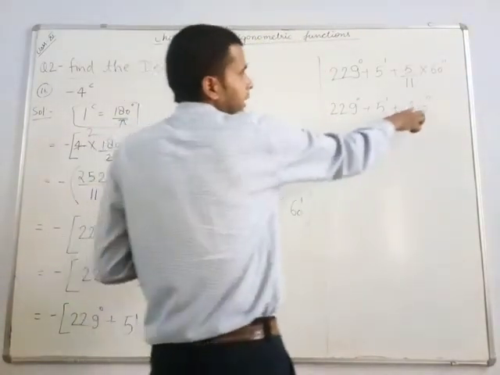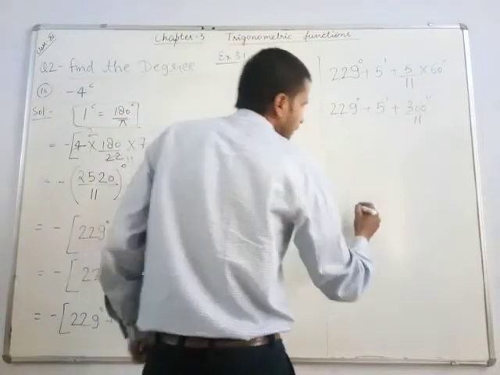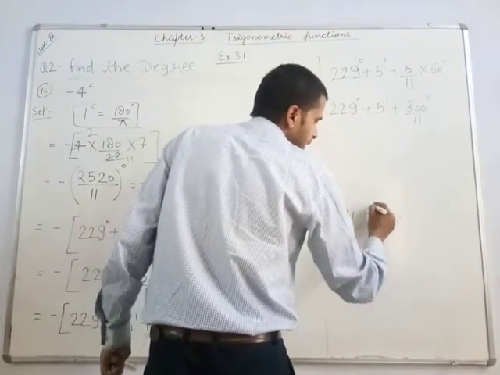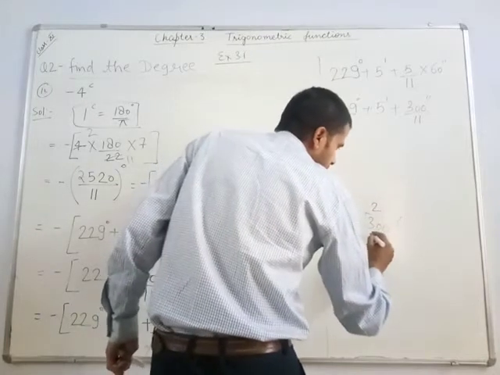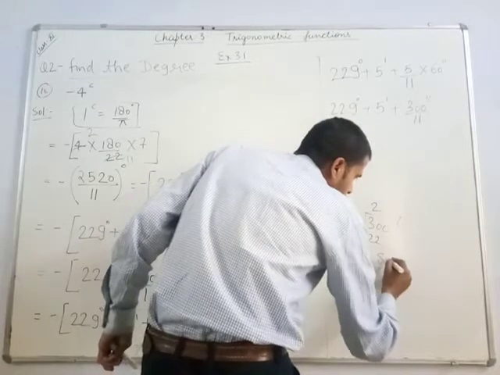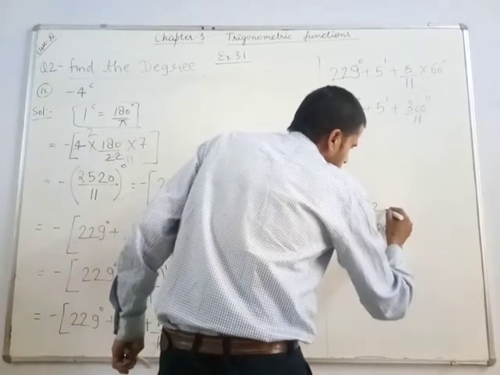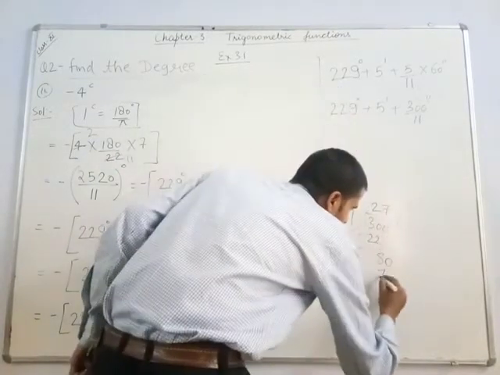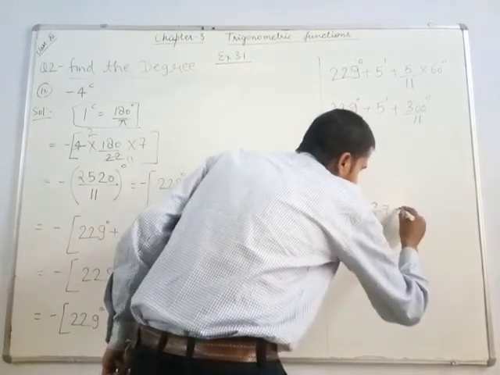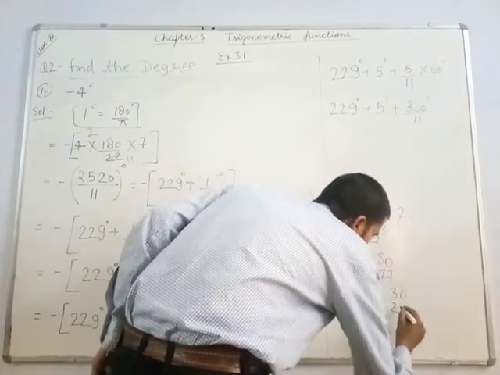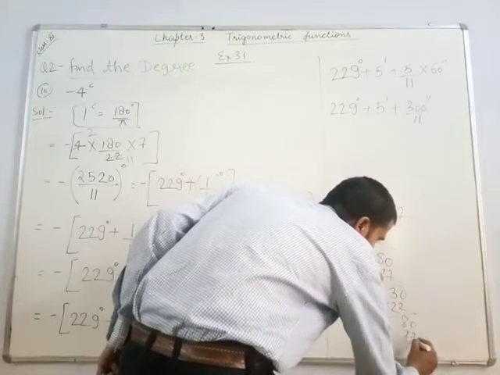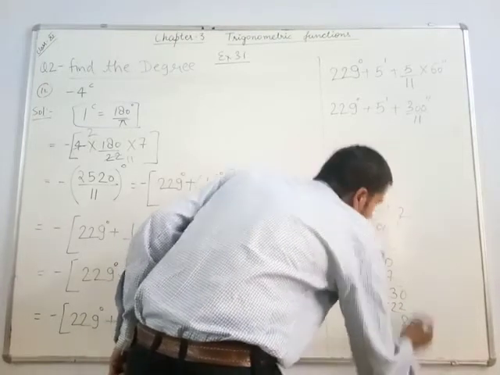So 300 upon 11, you have to divide 300 by 11. 22, 77, again 22, again 70.